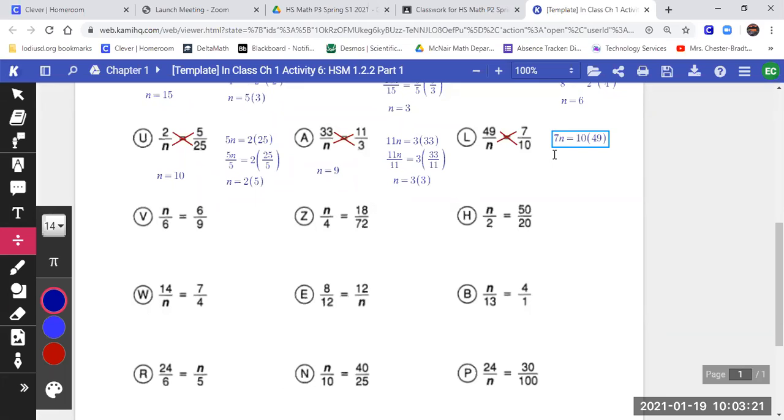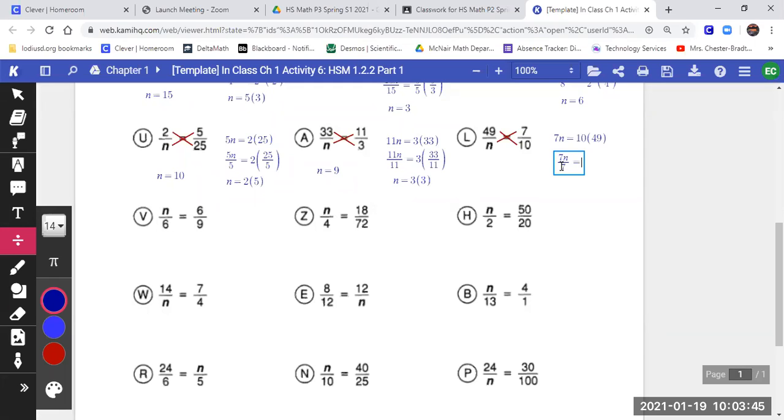All right. Next row down. What are we going to do now? 7n divided by 7. Yep. 7n divided by 7 has to equal. Which one is the 7 going into?